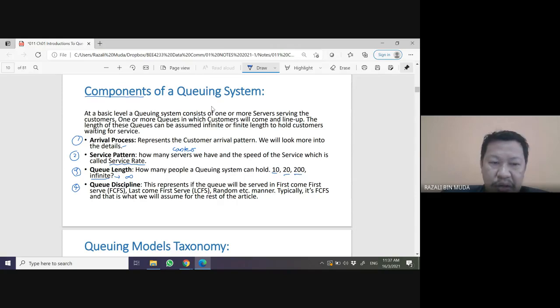You need to remember this term: FCFS, first come first serve, LCFS, last come first serve, random, or we have some more, let's see later. Typically it's FCFS, first come first serve, and that is what we will assume for the rest of the article.